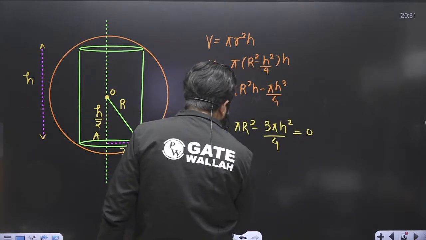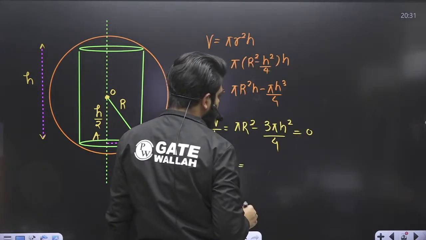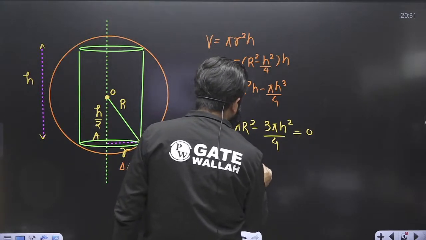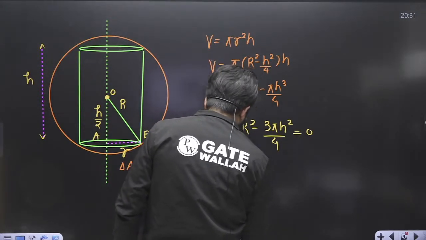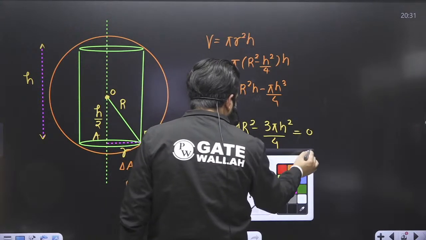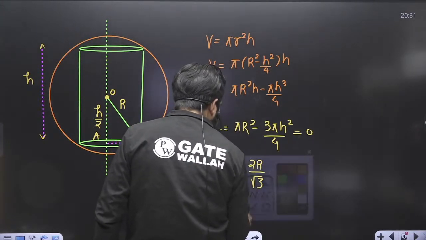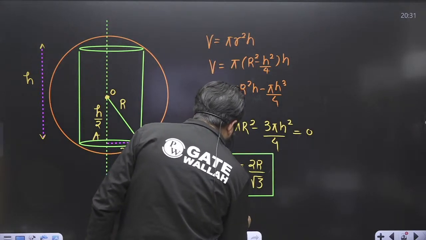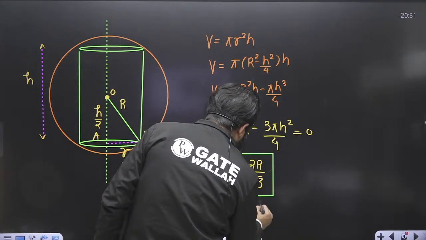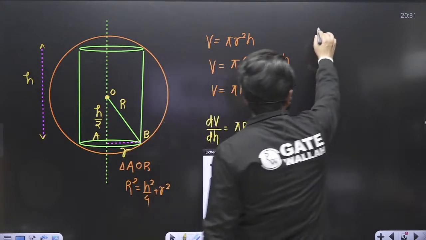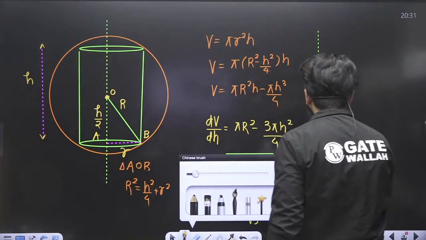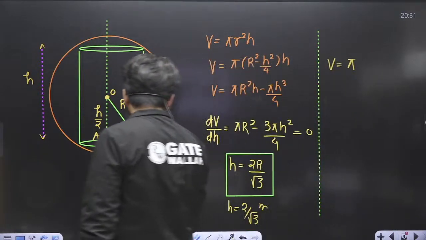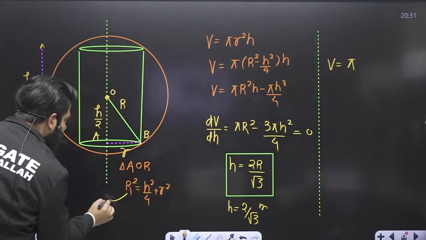What is the value of h that you are getting from here? The value of h comes out to be, pi gets cancelled out, and this becomes 2R by root 3. Okay, value of R is 1 meter, so I can write this h as 2 by root 3 meters. Okay, what will be the volume now? If I want to calculate the volume, V is equal to pi. Small r value can also be calculated from here. What will be small r if I calculate it from here?